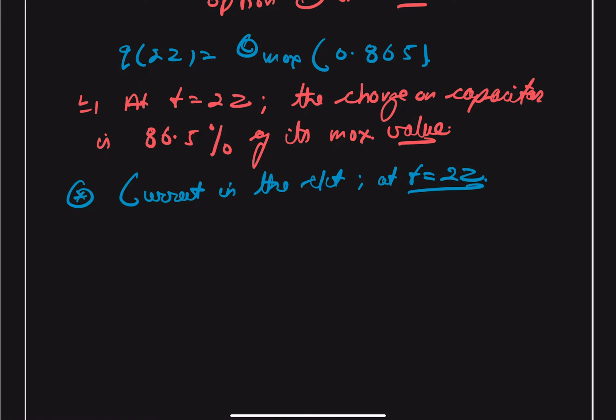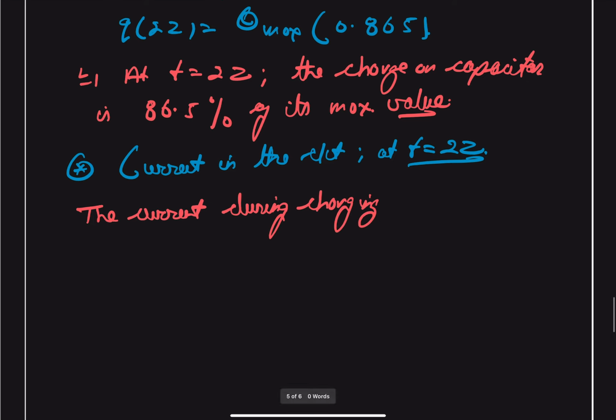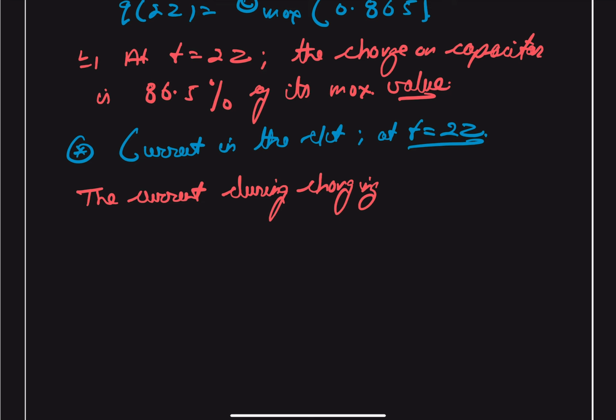The charging current, if given as I of t, will be equal to V upon R times e raised to the power minus t upon tau.